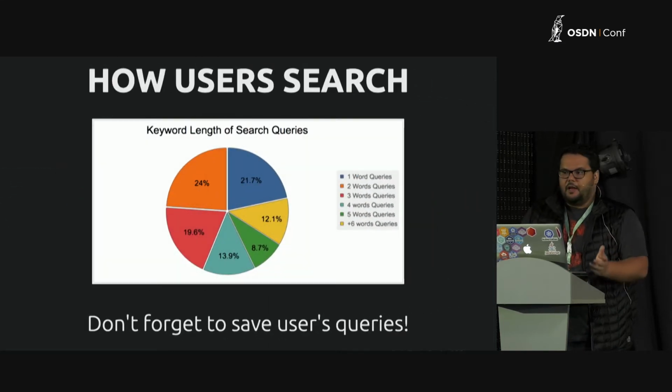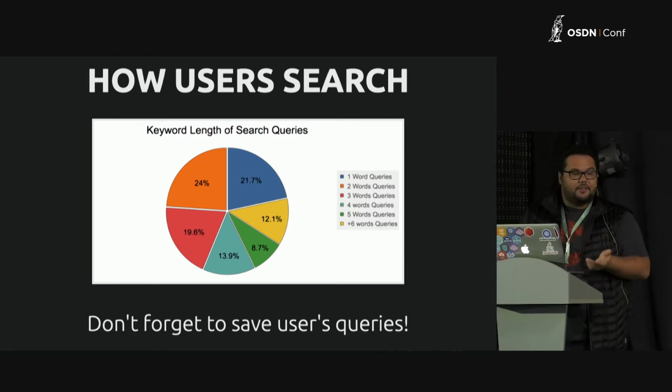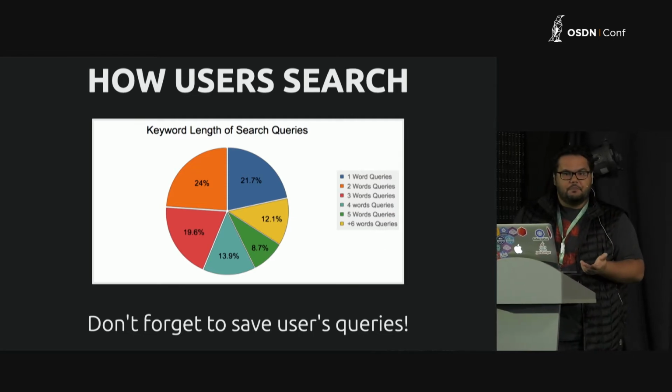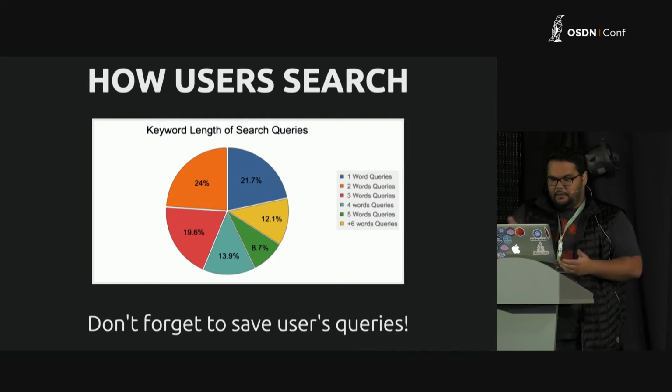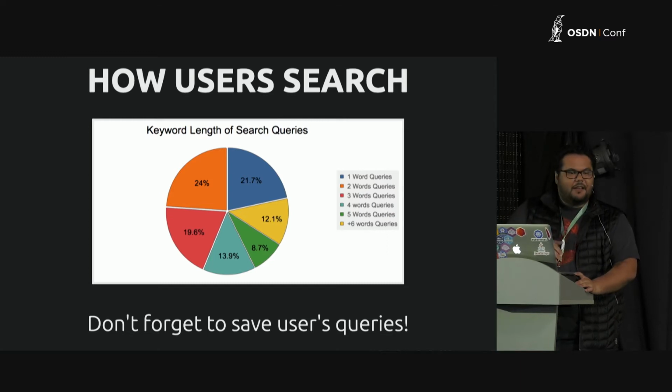When you are building a search application, one of the key things is to understand how your users search. For instance, this is an old piece of research related to Google, showing how users search on Google. And as you can see, nearly 60% of the users use up to 3 keywords.